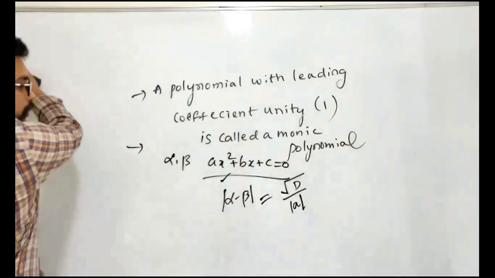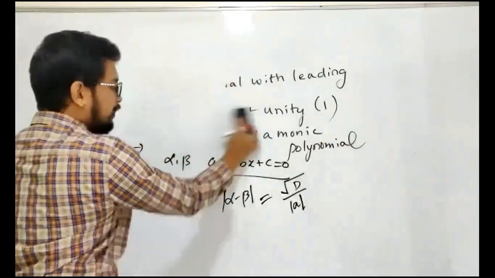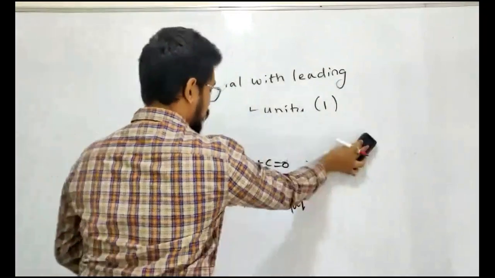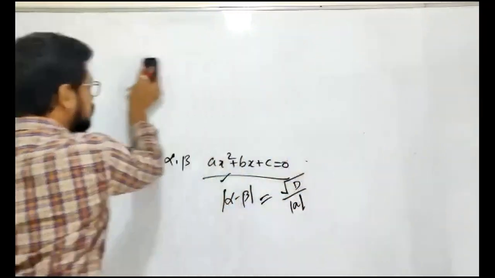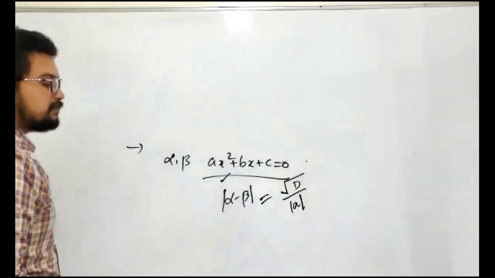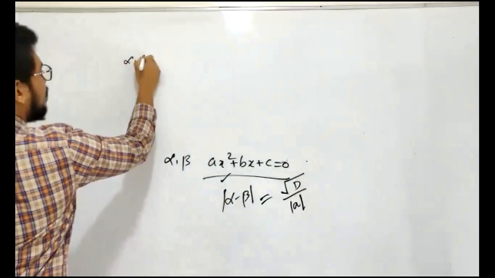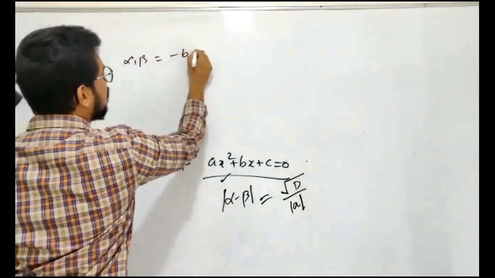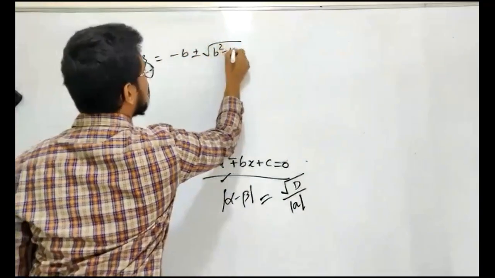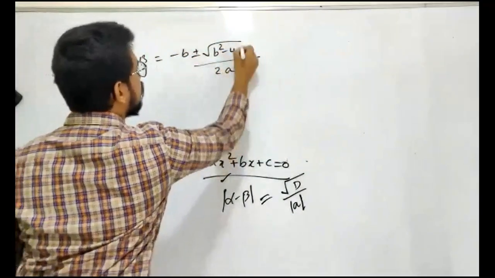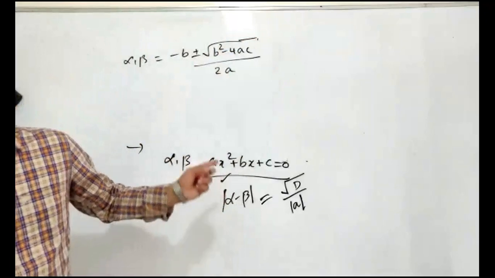Alpha, beta are the roots of ax square plus bx plus c is equal to 0. Then the difference between the roots, modulus of alpha minus beta, is root d by mod a. How? Alpha, beta will be minus b plus or minus under root of b square minus 4ac by 2a. The roots of the quadratic are of this form.